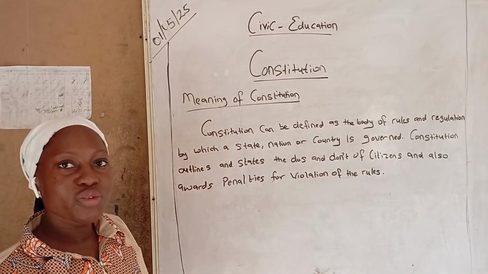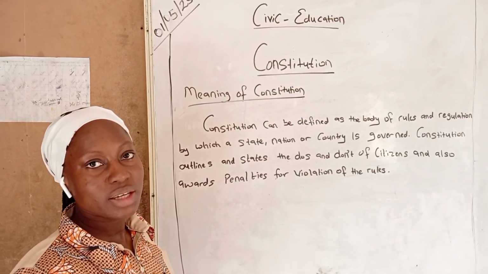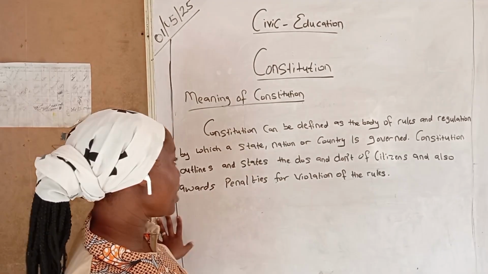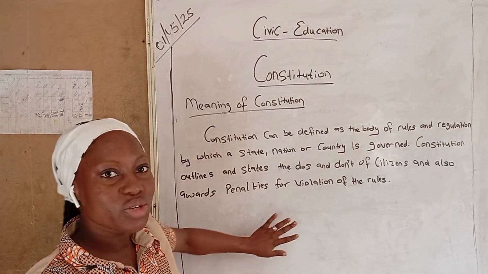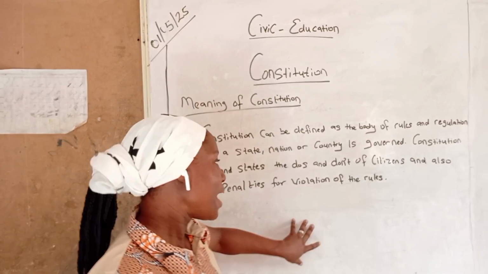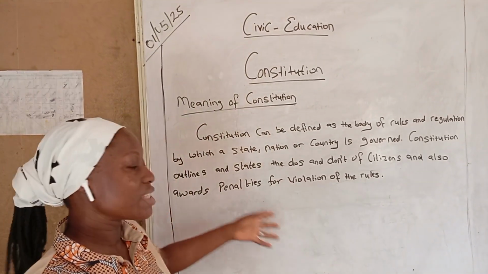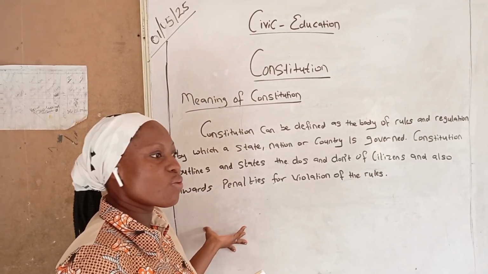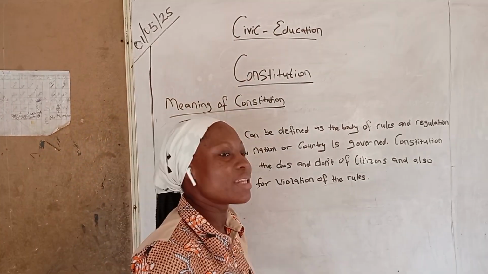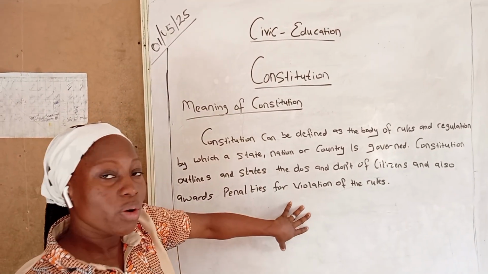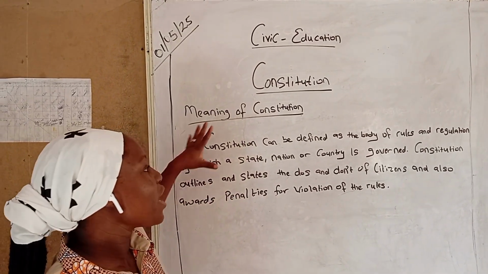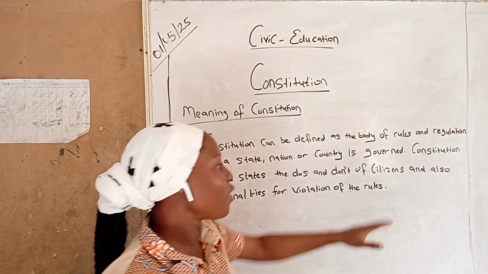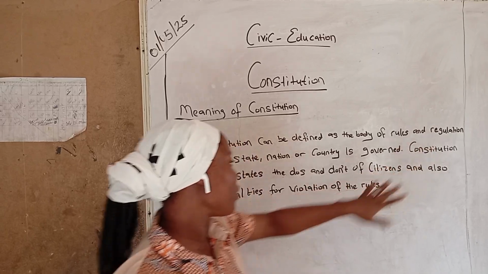Constitution also outlines and states the do's and don'ts of the citizen in a particular country. That is what a citizen is expected to do and not expected to do, and the penalties that will go in line with the violation if an individual violates particular rules and regulations.